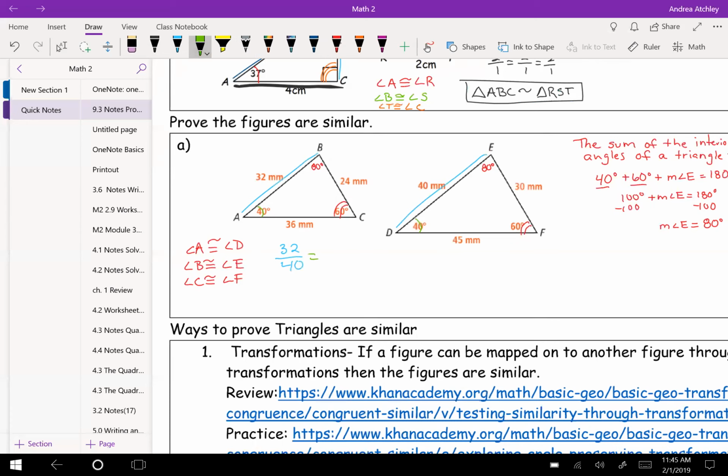Does that equal 24 over 30? It should also be equal to 36 over 45. Any questions over that?